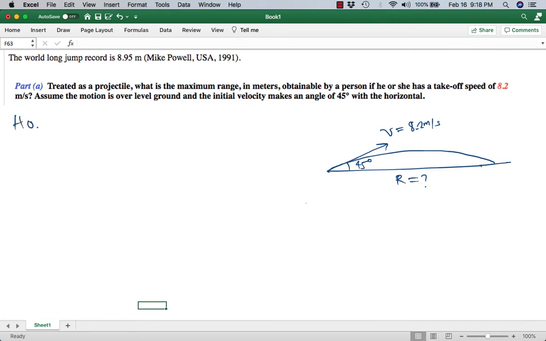Okay, so for horizontal motion, here we have the velocity at this angle 45 degrees, so we can resolve this vector into x component and y component. This x component velocity will move this object in the horizontal direction, and the vertical component of the velocity will move the object in the upward direction.